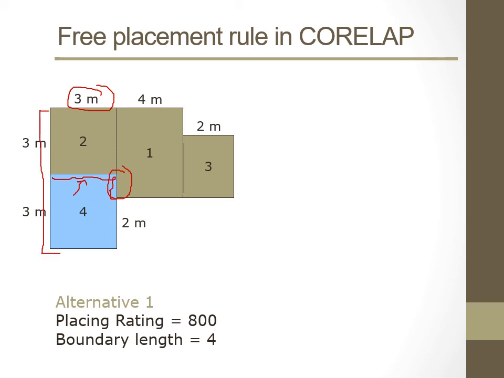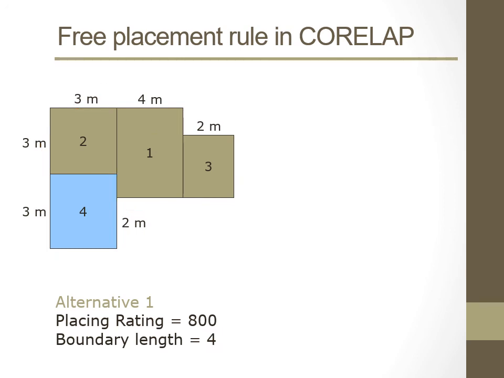Okay. And 2 meters is here. 3 meters is here. Then 1 meter remaining here. So 3 plus 1 makes the boundary length 4. Okay. So for this alternative 1, the placing rating is 800 and boundary length is 4.